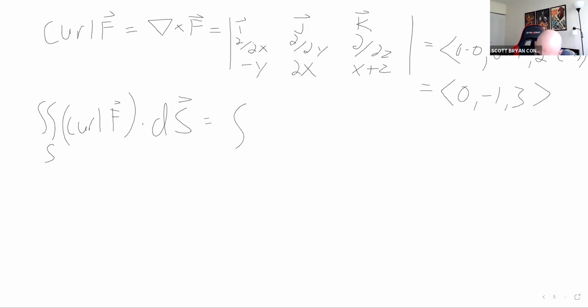Okay, so we are plugging in our parameterization. So phi goes from 0 to pi over 2. Theta goes from 0 to 2 pi. Our curl of f is just 0, negative 1, 3. And since it's a constant, there's no x, y, or z to replace. So it's still 0, negative 1, 3. And then dS is our n of phi theta, which we said was sine phi times the radial unit vector.